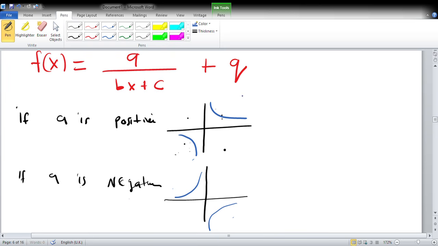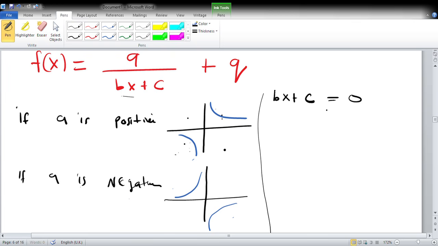And then we have q and this bx plus c. What do they tell us? They tell us the asymptotes. If I equate the denominator bx plus c to 0, what I get will be the vertical asymptote.